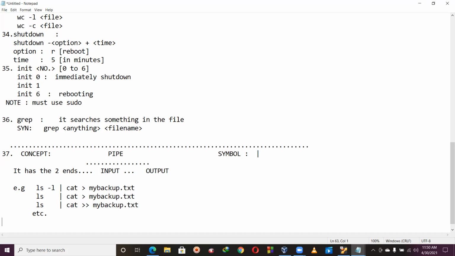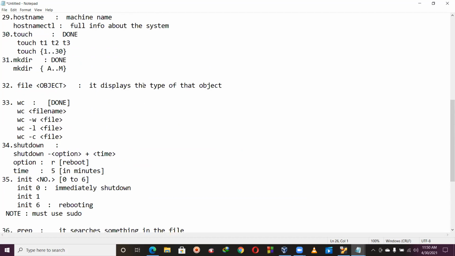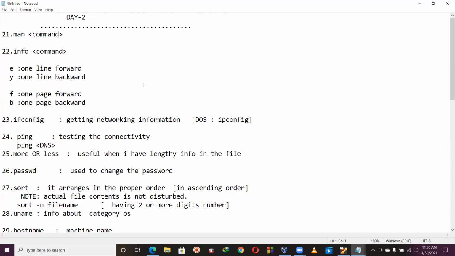Okay. So today, how many commands did I discuss? See here this chart. 17. Tell me, do you have any questions? No, sir. Okay. So today I discussed from 21: man, info, ifconfig, ping, more or less I didn't discuss, I will show you.